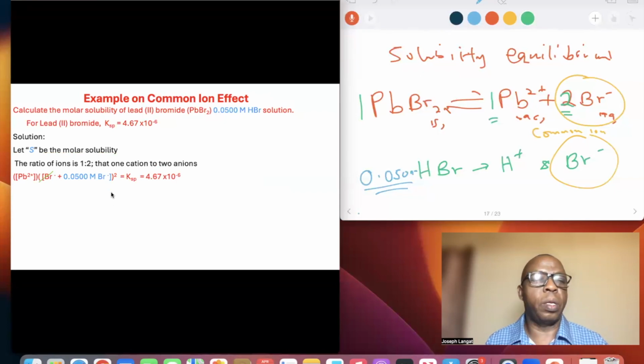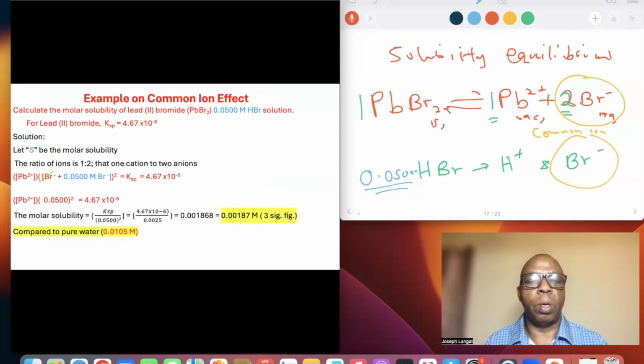If you plug in, rearrange the equation, and solve for the concentration of lead, this is the molar solubility of lead 2 bromide in a solution of 0.0500 molar HBr.